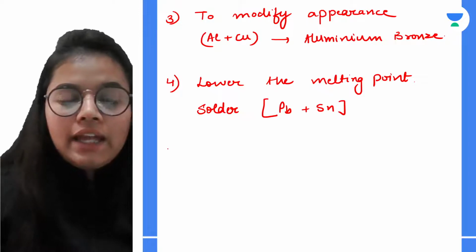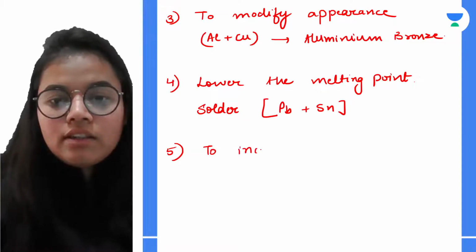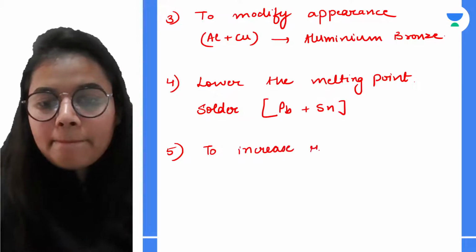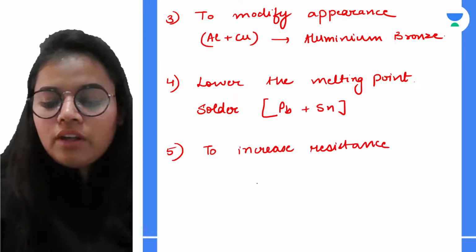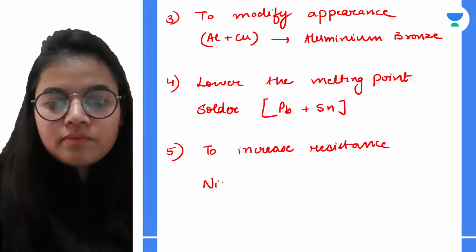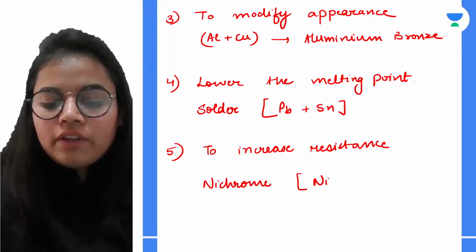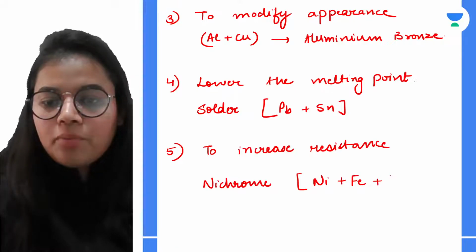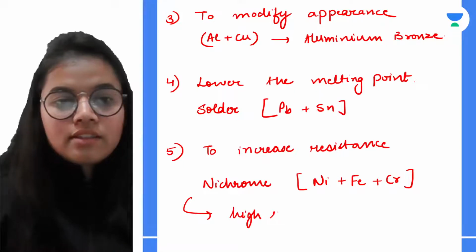And next is to increase resistance. So nichrome wire is the alloy of nickel, iron and chromium. So it has got high resistance.